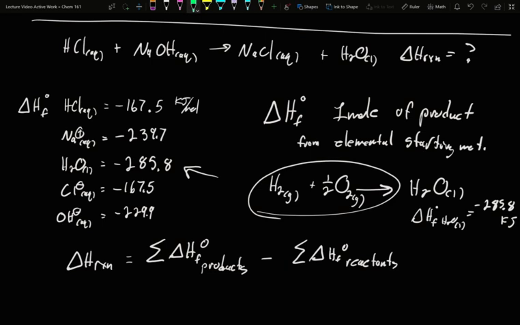So if we want to look at this reaction up above, what do I really have? Well, I have HCl aqueous, and I have a value for that. I have sodium hydroxide aqueous, but I don't have a value for that. What I do have is sodium aqueous and hydroxide aqueous, which, if you dissolve a salt, it tends to separate. Sodium hydroxide is a well-dissolving salt.